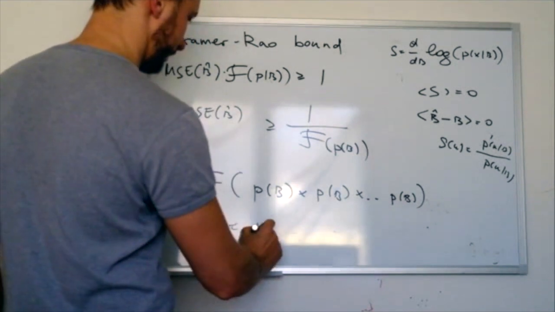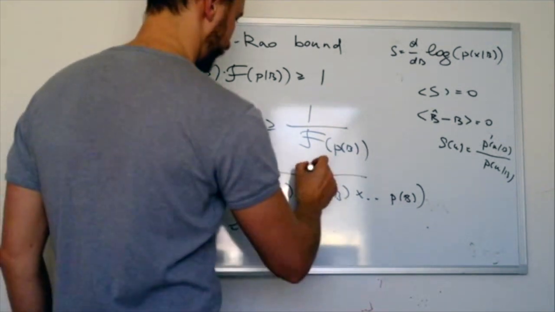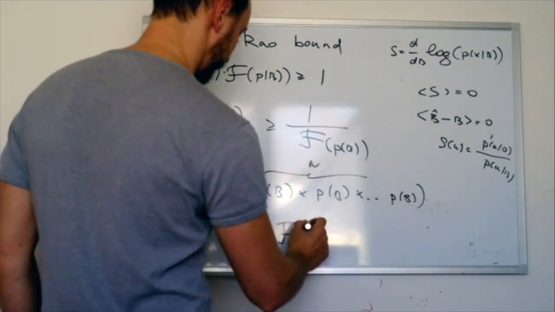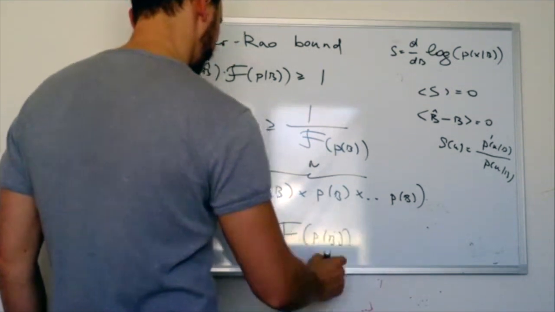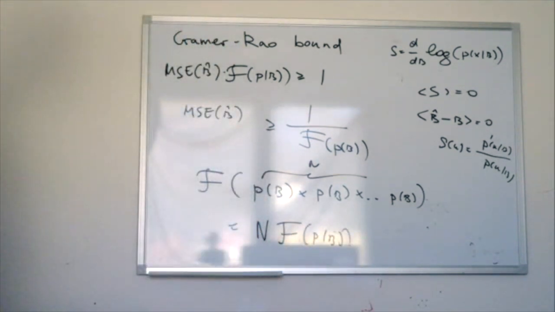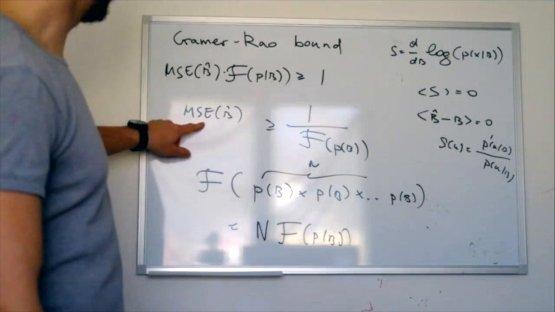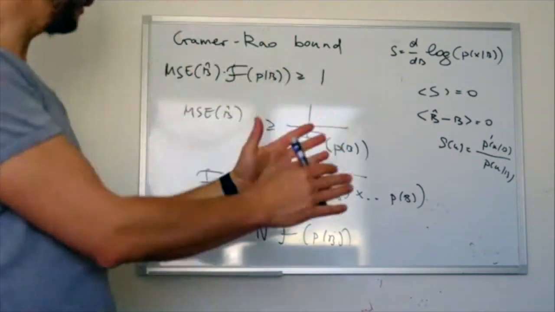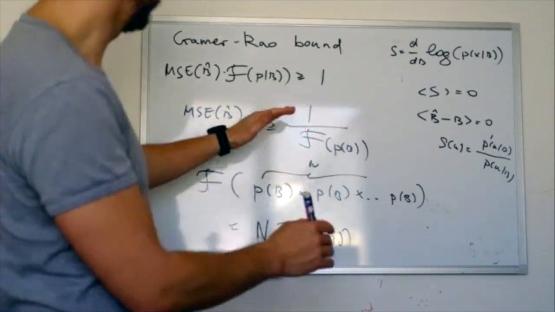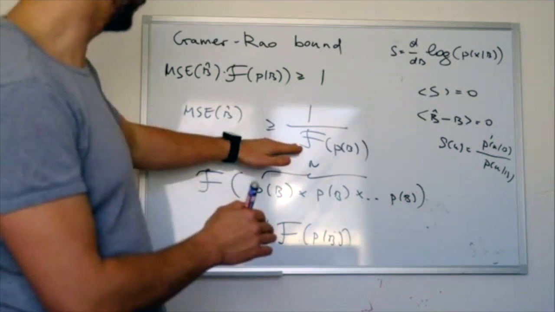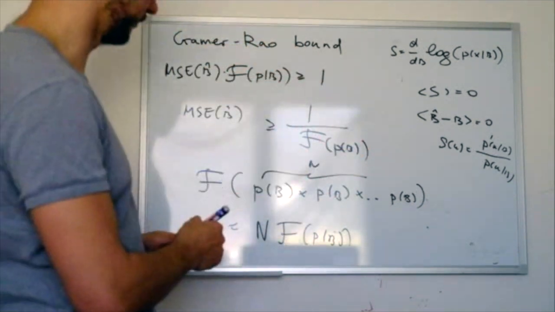Then the Fisher information is just equal to n times the Fisher information of the single one. In other words, if you consider the same scenario, but now I don't do just one estimation run, but many, then the Fisher information of the global thing will just go as n.